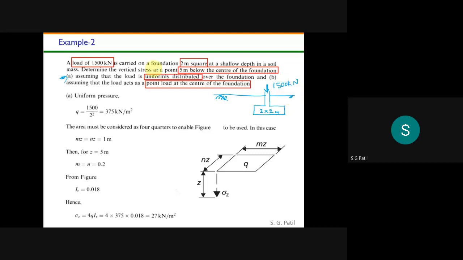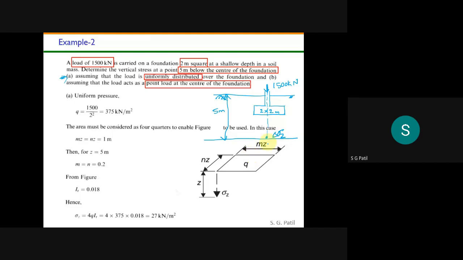So it is a foundation 2 meter square at a shallow depth in a soil mass. Determine the vertical stress at a depth of 5 meter. Suppose this is my 5 meter depth, 5 meter below the center of the foundation. Below the center of the foundation means here. Here they are asking you to find delta sigma z.